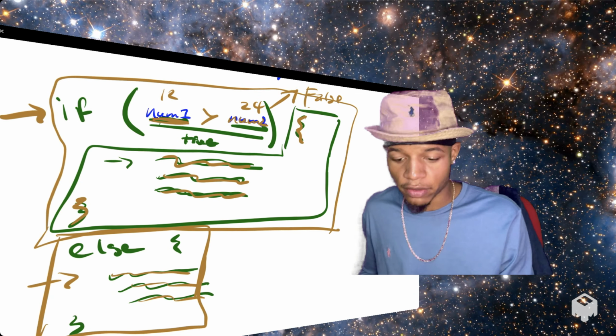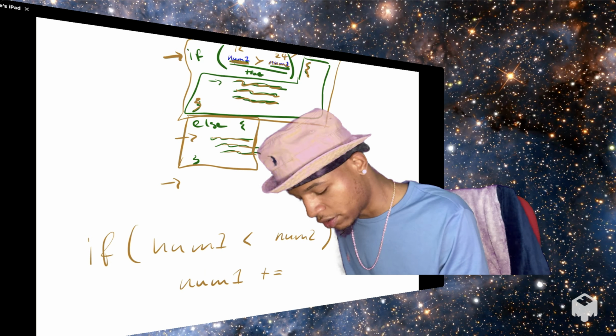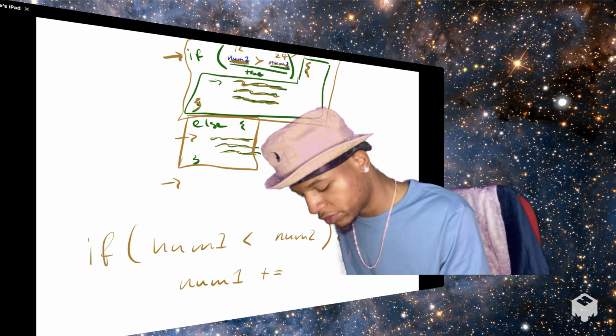Cool. So this is how we make our decisions. Let's think about it. We have: if num1 is less than num2, then num1 equals num1 plus 1, else num1 equals num1 minus 1.